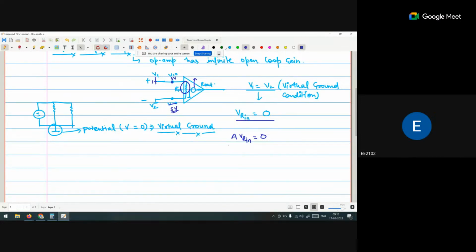Now, if V Rin is zero, that means the current I out is also zero. This is what we are taking in the ideal case.